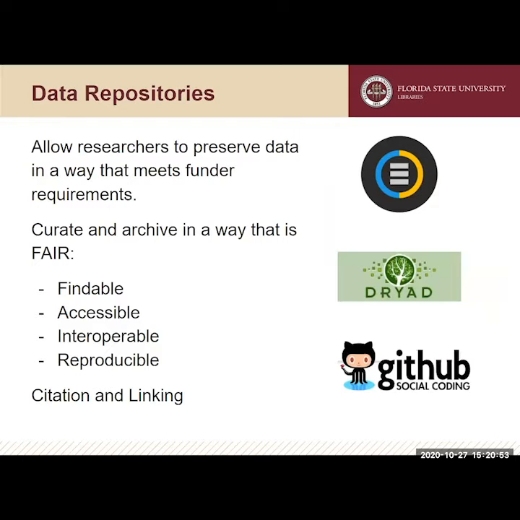A lot of different funding agencies that fund research grants for researchers, both on university campuses and in private industry, are requiring researchers to deposit their data in a way that's findable, that's accessible to the widest audience possible, that's interoperable, so it's saved in a variety of file formats that can be read by different computer programs and software, and that it's reproducible.